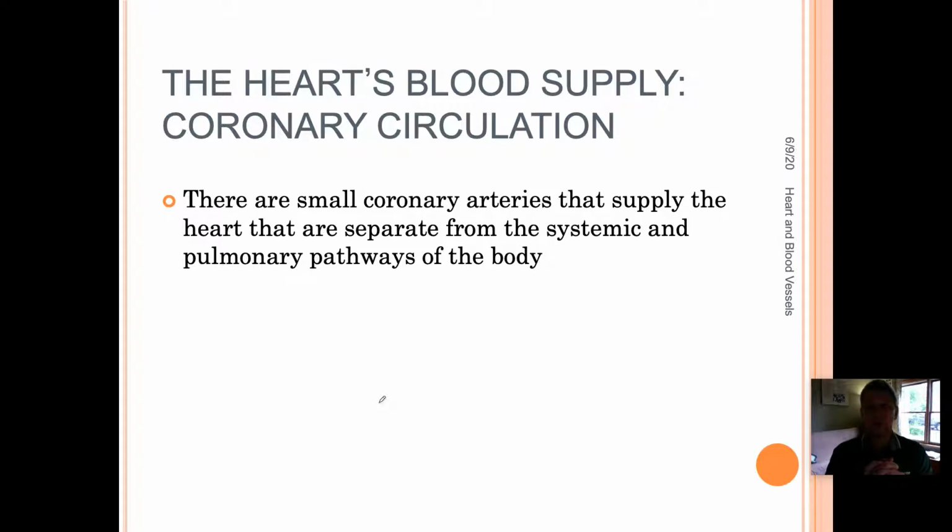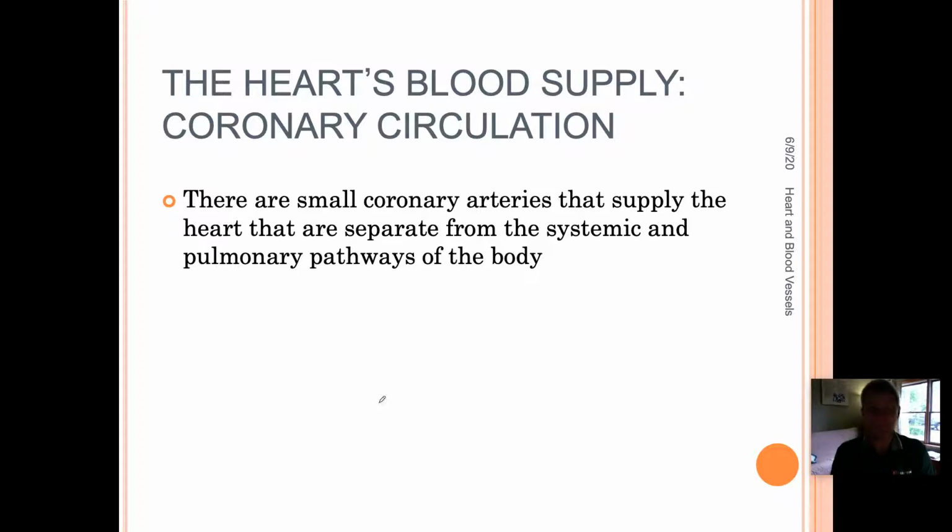And so one of the very first set of branches off of the aorta are what's called the coronary arteries. All right, these are very small arteries, but their function is to supply the heart with fresh oxygenated blood and nutrients, of course, and to take away the metabolic wastes that are produced by cardiac muscle. And so these are separate from the systemic circulation and obviously separate from the pulmonary circulation.